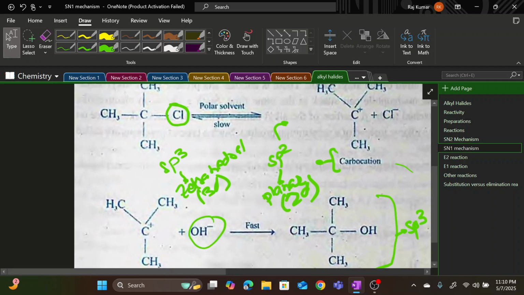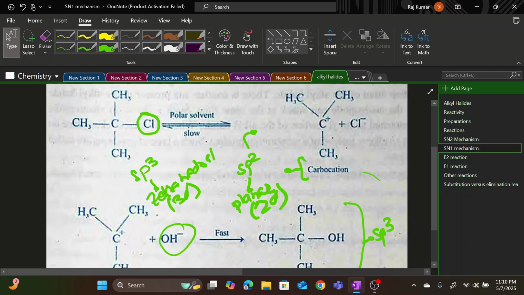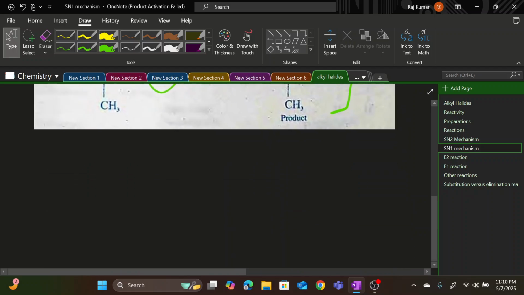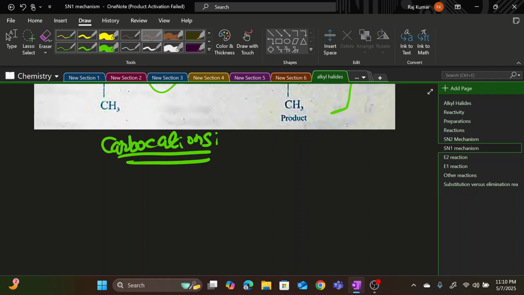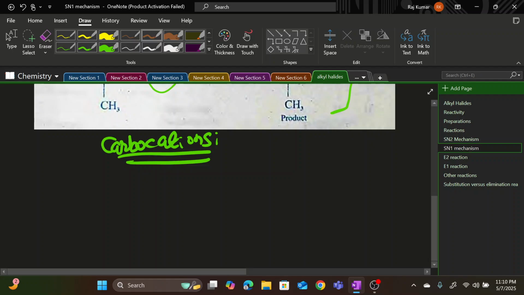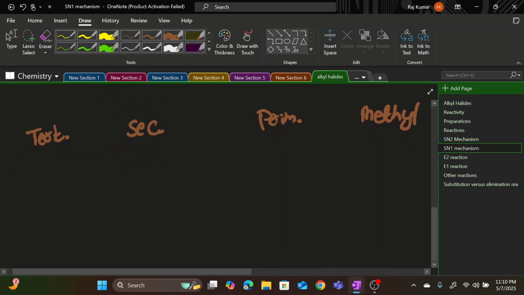Now if you look into a bit more detail of this, we need to understand that there are different carbocations. There is a tertiary carbocation, a secondary carbocation, a primary carbocation, and a methyl carbocation. Let's understand these.